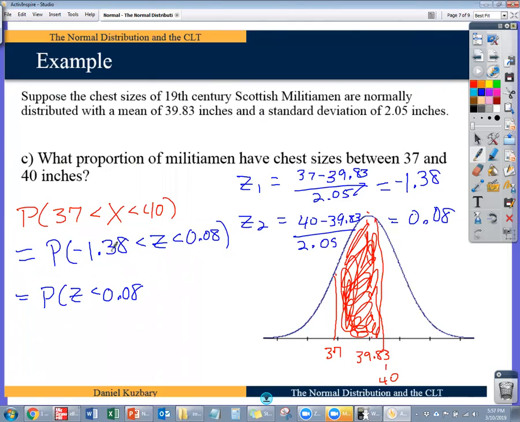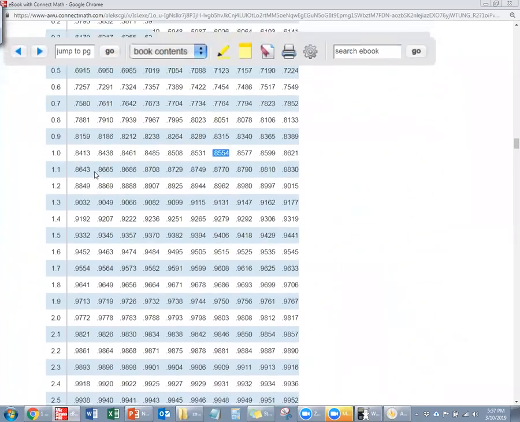Yes, 0.08 is bigger than negative 1.38. This is negative, that's positive, so this is the bigger one. Then I'll subtract the probability that z is less than negative 1.38. So this is the area to the left of the smaller thing. So this is equivalent to this little white sliver. This is equivalent to the red plus the white. So we're finding the red plus the white, and then we're subtracting the white, so we end up with just the red.